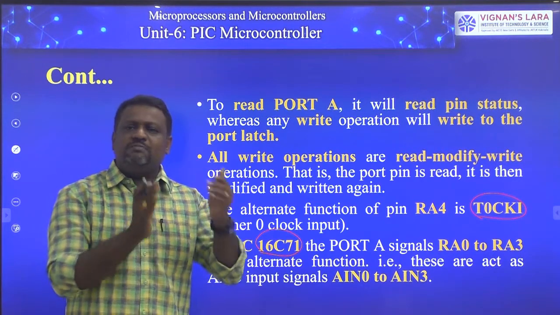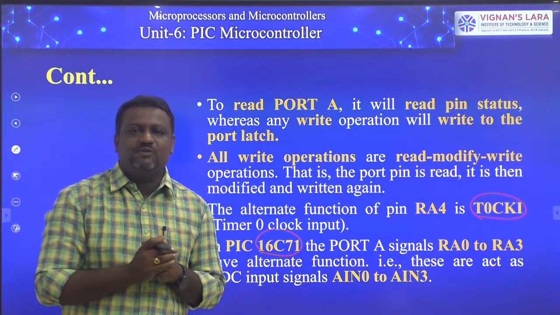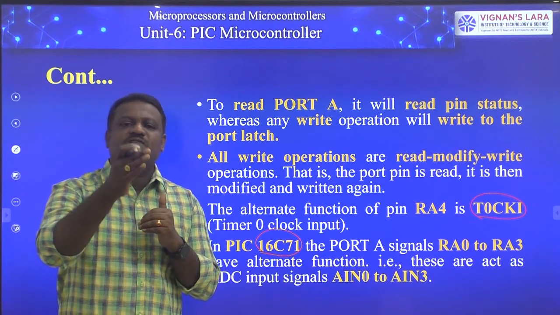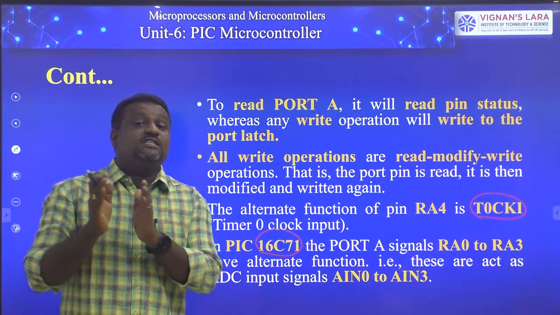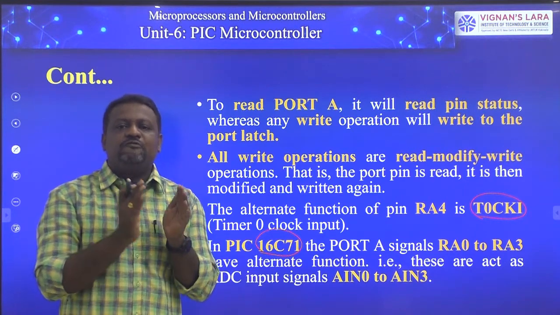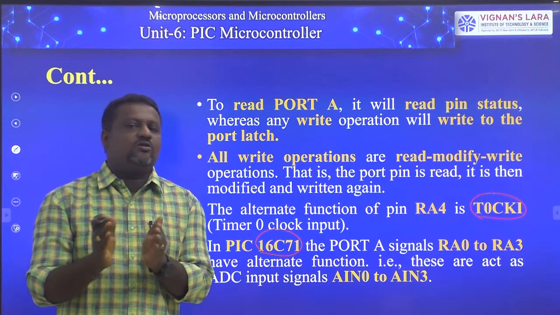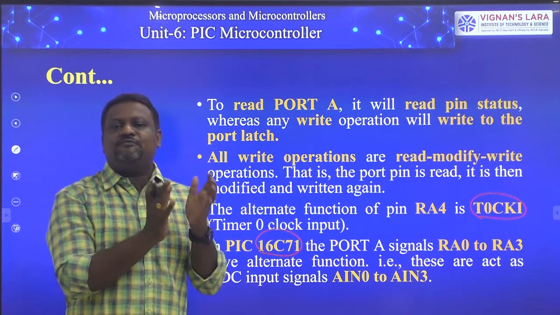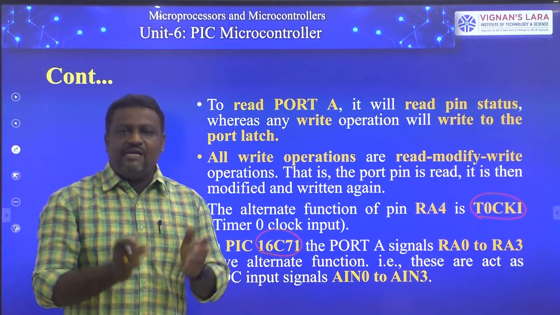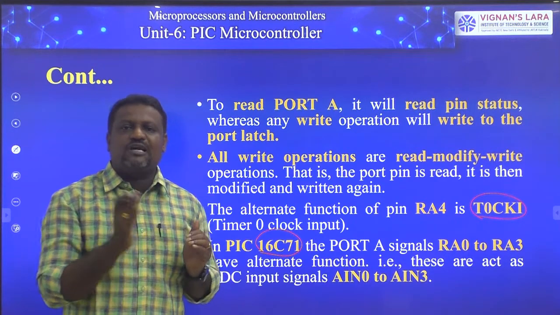Because, remember the features of PIC16C71: the difference between PIC16C61 and PIC16C71 was that PIC16C71 has an internal 4-channel 8-bit analog to digital converter. That means an ADC can collect 4 analog signals at a time and pick one of them for conversion.